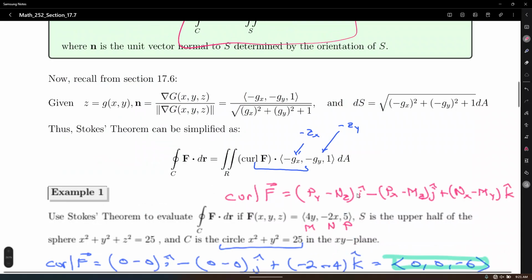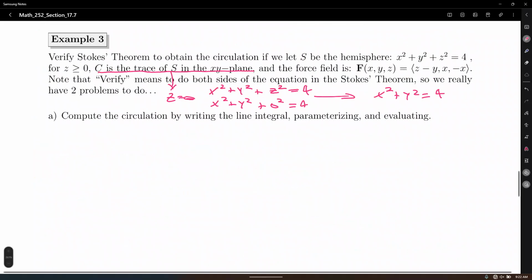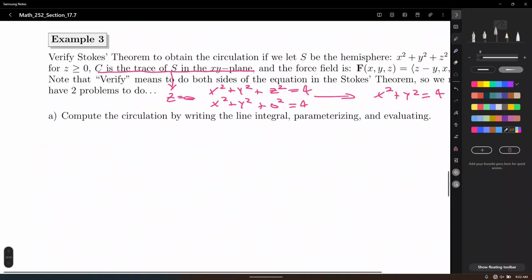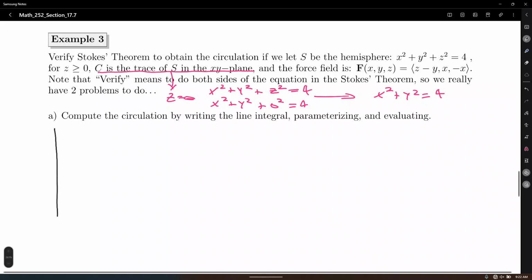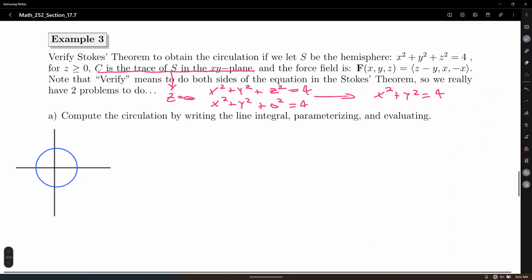Let's do this. Number one, let's go back to the exercise, and let's plot the trajectory right here, which in this case is a circle, right? That's a circle of radius, what was that again? Radius 2, right?